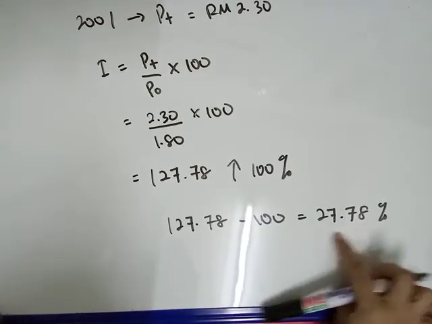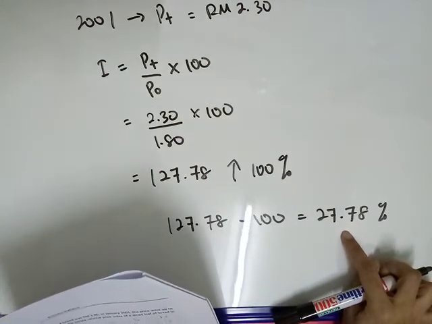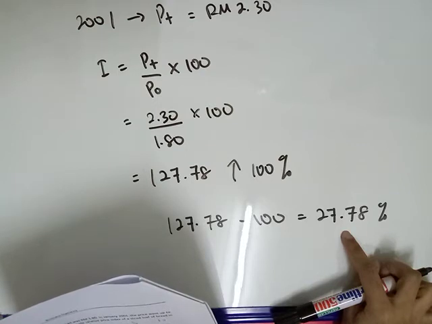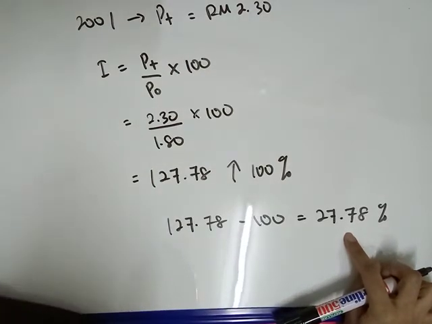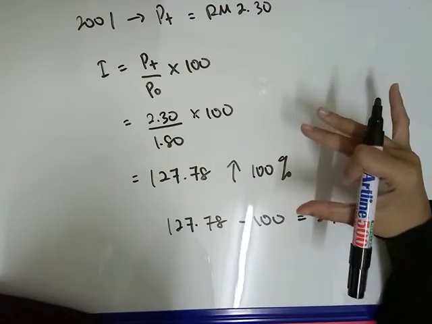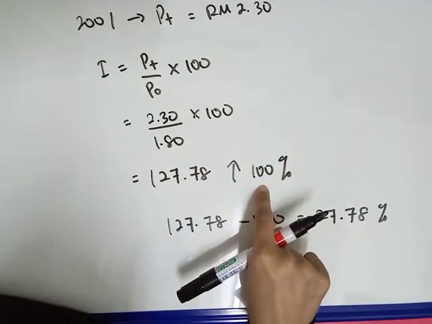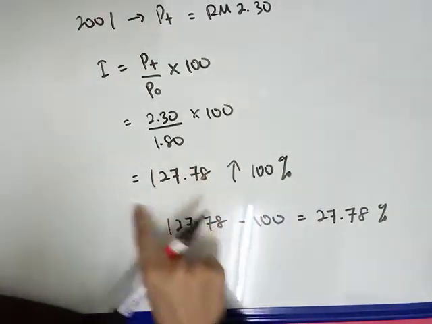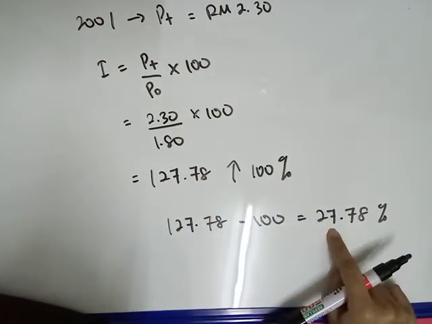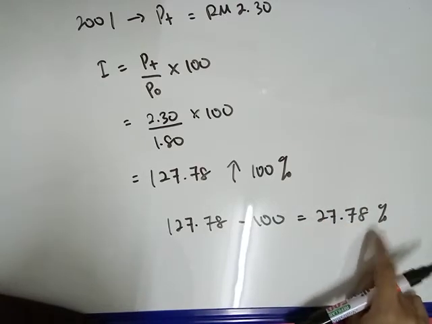So we can interpret this value: the price of bread increased by 27.78% between the base year and the current year. That is how we identify how many percent increase or decrease. If this value is more than 100, we minus 100 so that we know the percentage increase. 27.78% increase from the base year to the current year.